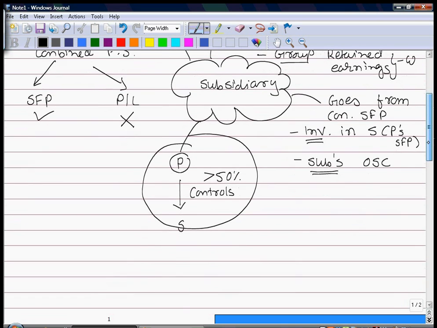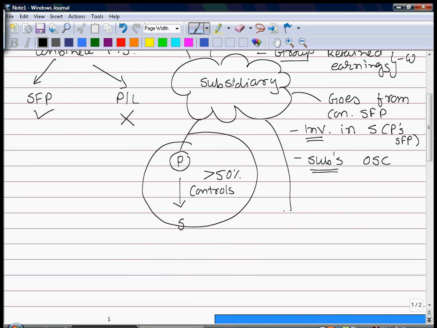And the last bit is what you should eliminate or remove from the consolidated SFP.